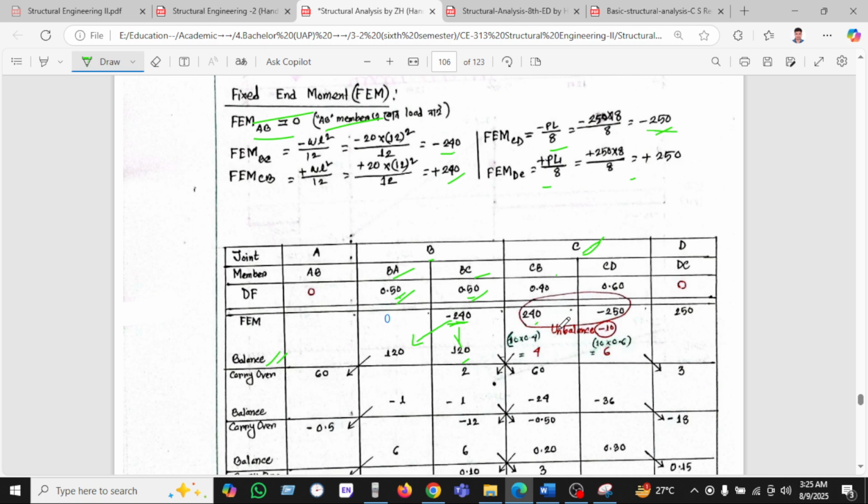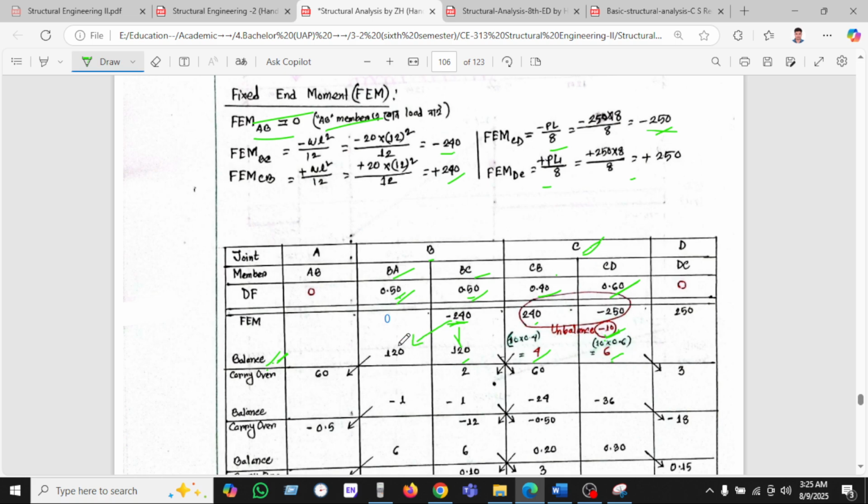So the unbalanced moment is 240 minus 250, which is 10. So 10 will be divided: 0.60 into 10 is 6, and 0.40 into 10 is 4. As this is the balancing moment distribution, the minus 10 will be positive, 4 and 6. The sum of these two is 10.